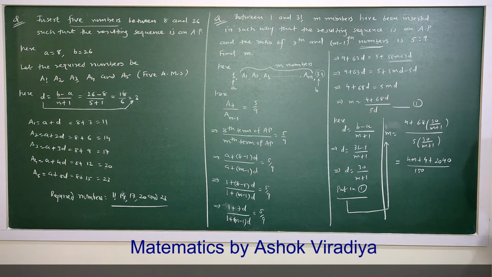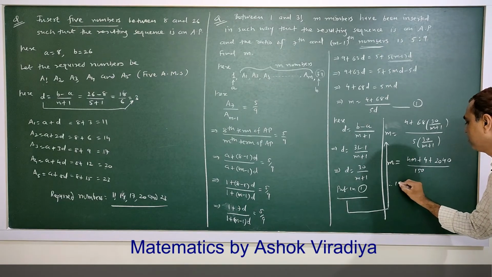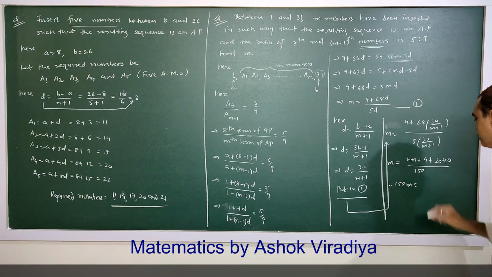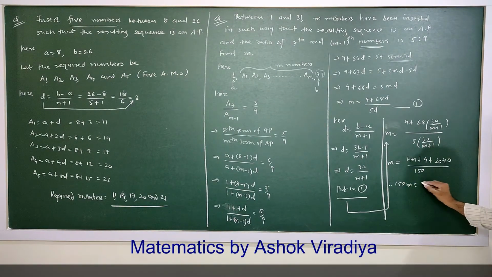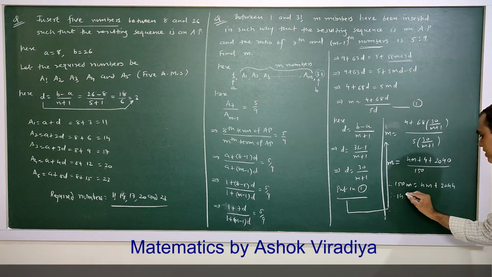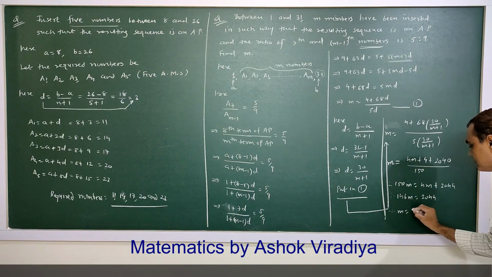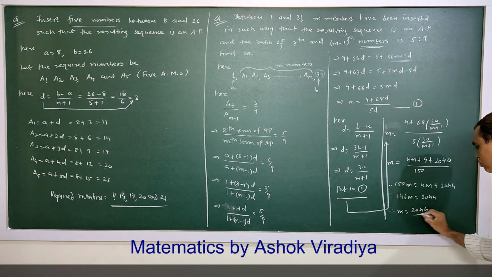M plus 1 LCM is cancelled. So, this is the value of M. Therefore, 150M is equal to 4M plus 2044. So, therefore, 146M is 2044. So, M is 2044 upon 146.